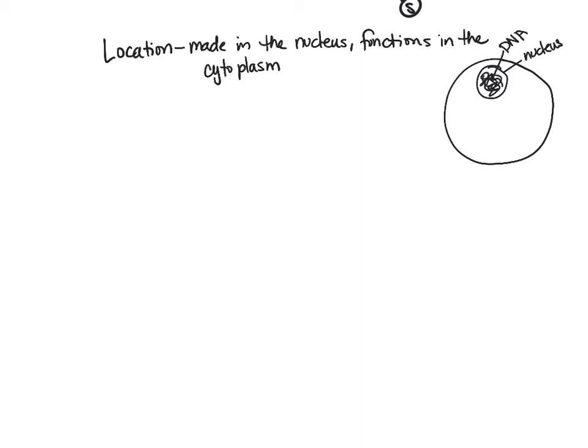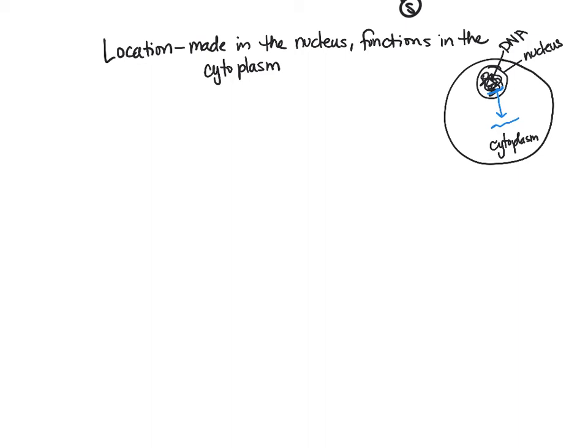Now our RNA is going to be made in the nucleus, so it's going to be made in here, and then it leaves the nucleus and it goes into the cytoplasm. And the cytoplasm is in this outer region of the cell. So outside of the nucleus is where we have the cytoplasm, and this is where we have all of the other organelles in the cell that we'll talk about, and that's why RNA leaves the nucleus and moves into the cytoplasm so it can interact with other parts of the cell.